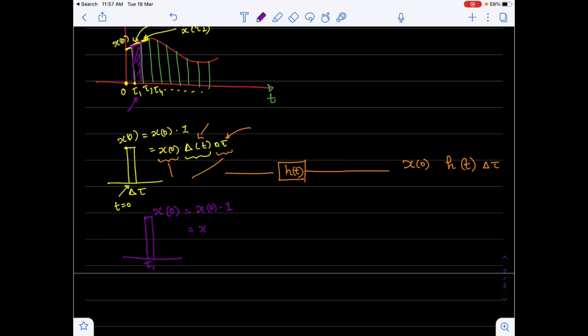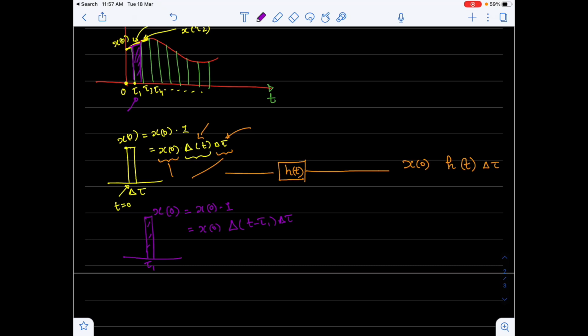What is 1? 1 is nothing but the area of the impulse function, which is delta(t minus tau 1), because it is delta(t) shifted by tau 1 units. This is just a shifted version of the impulse signal. Now this is multiplied with delta tau.